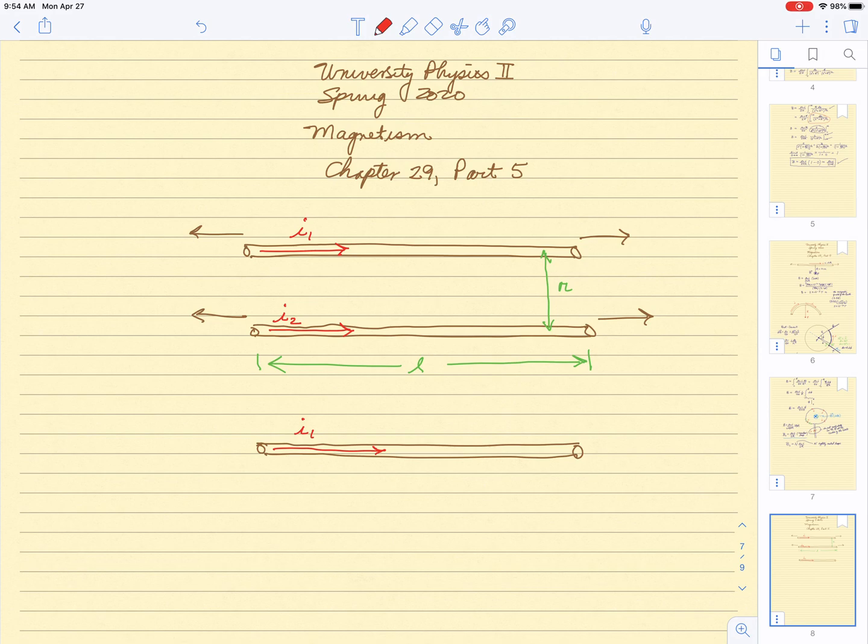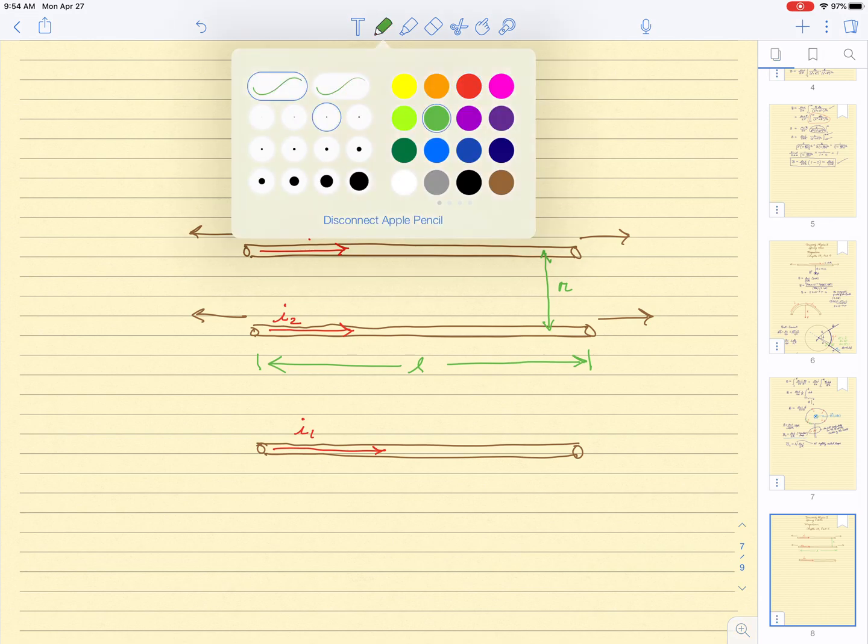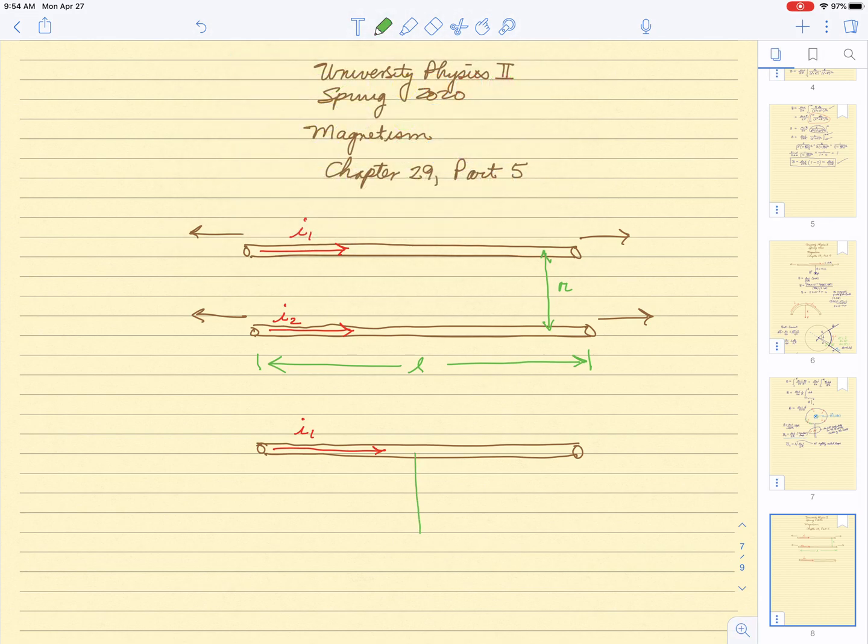And so we can ask ourselves, what is going to be the magnetic field at a distance r from that wire?